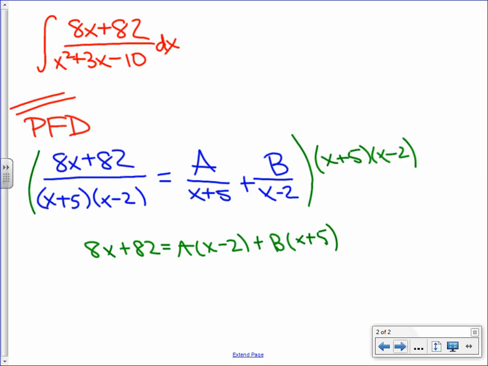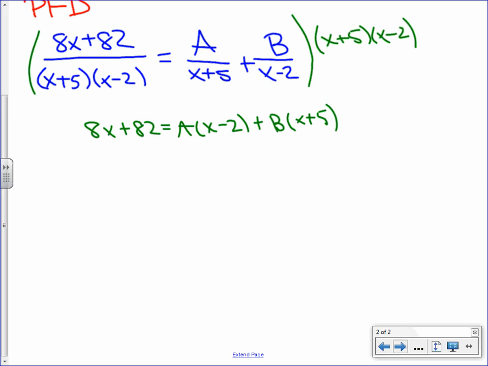Now we need to figure out A and B. We can pick numbers to help us out. Can I plug in x equals 2? Why did I pick x equals 2? Make A 0. Make that go away.